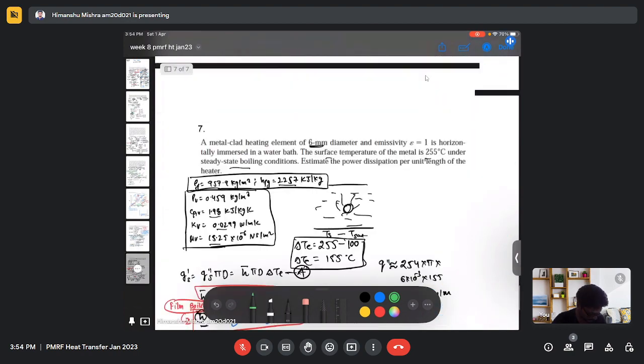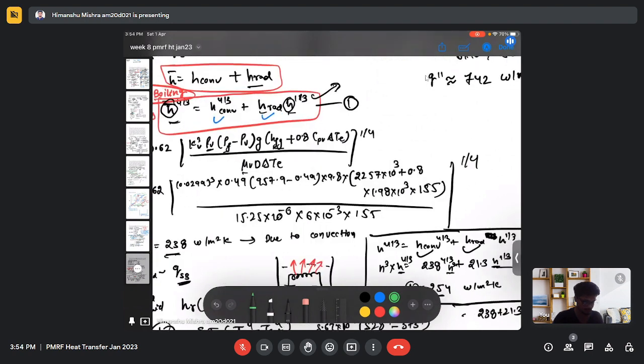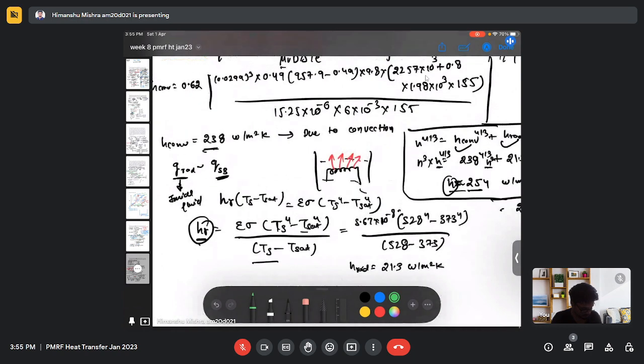So we used this equation 1 as a correlation for finding the heat transfer coefficient in the film boiling region, and there is a contribution due to the convection and radiation parts. For the convection part, this is a correlation in film boiling. And to calculate the radiation heat transfer coefficient, we just use the energy balance.